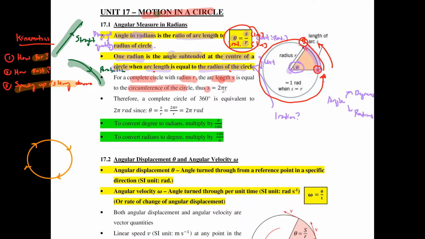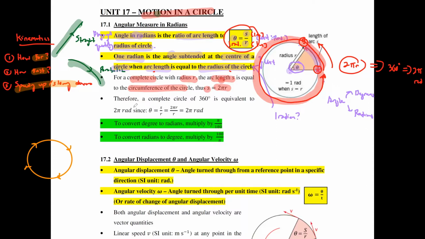So the arc length is actually 2 pi r. It's because of this, where for one full circle the circumference is 2 pi r, that you can eventually deduce that 360 degrees is actually 2 pi radians. How do we do this?